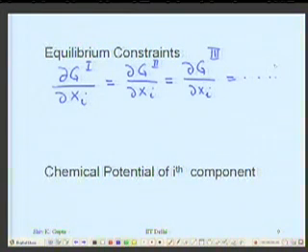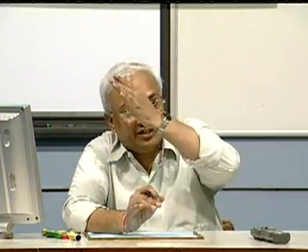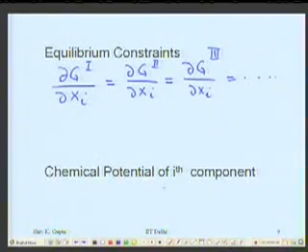According to this, the net free energy change of the system is zero, because I've given an infinitesimal, small perturbation. I'm at the minimum of the free energy, and with a small disturbance the free energy remains the same. That is, the slope is zero there. This derivative is called the chemical potential of the ith component in the system.